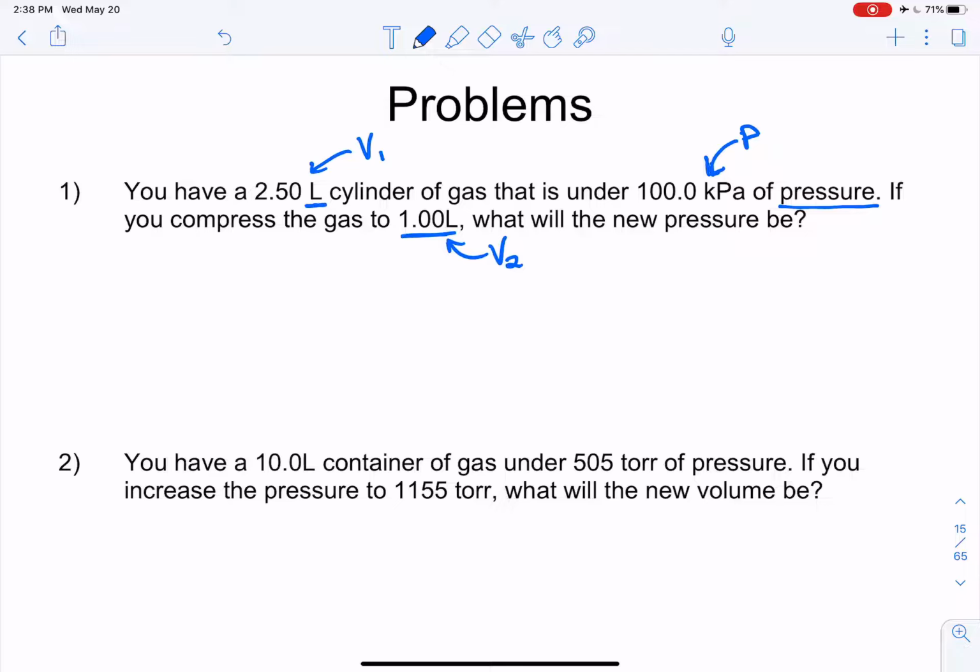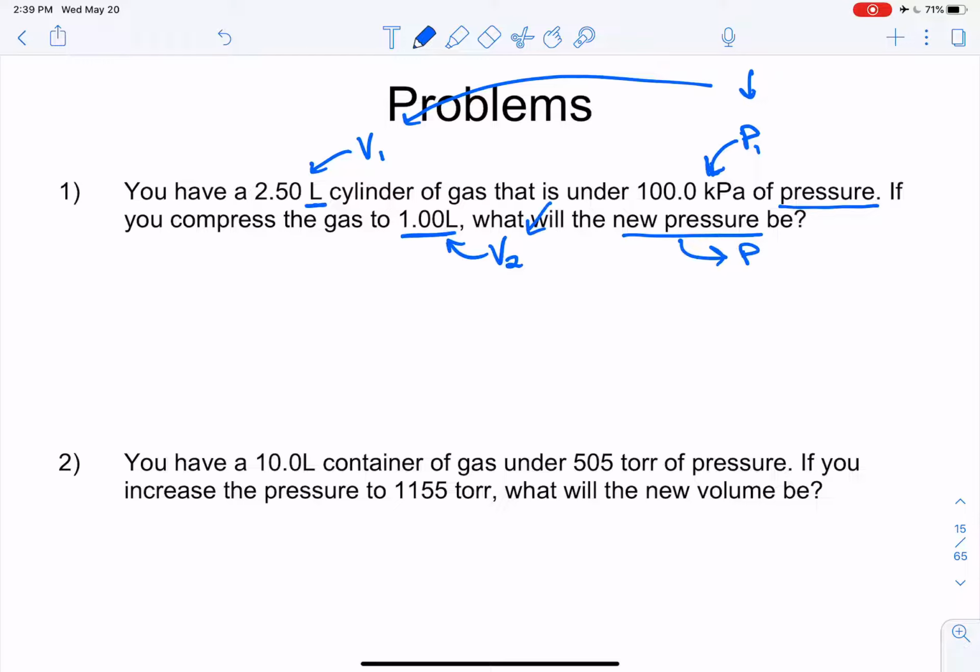Now, this P right here goes with this V. So if those go together, then if V1 is V1, then your P has to be P1 because that's a set. Now it says, what will the new pressure be? So we're looking for a P, and we're looking for a P when volume is V2.